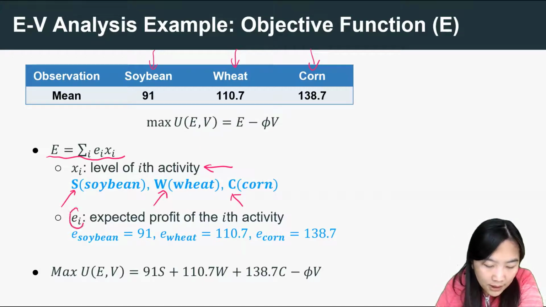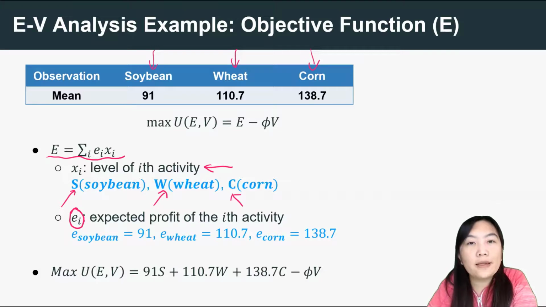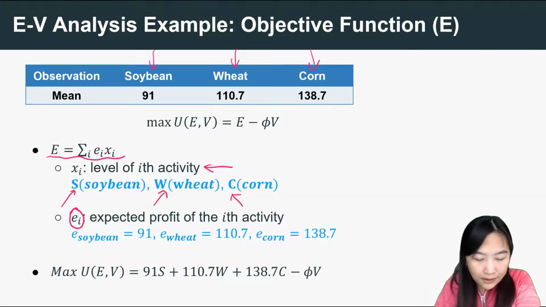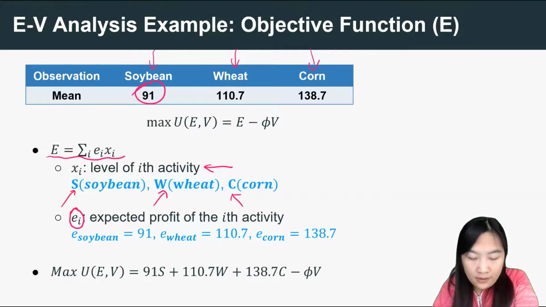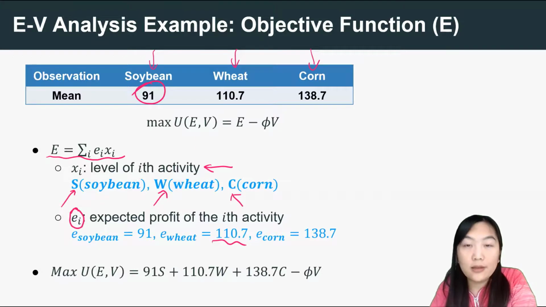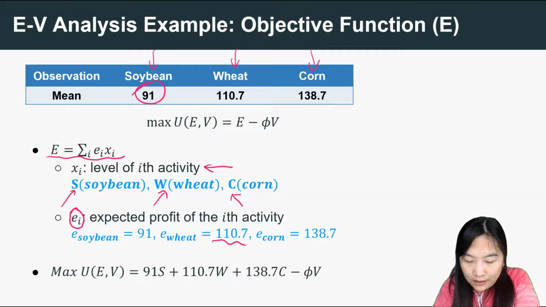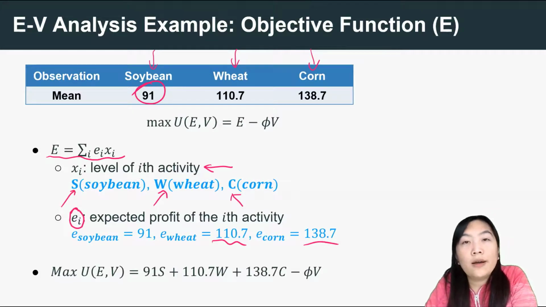And this Ei here is the expected profit for the i-th activity. And this information is available in the table here. So E soybean is 91, and E wheat is 110.7. And there's also profit for corn.